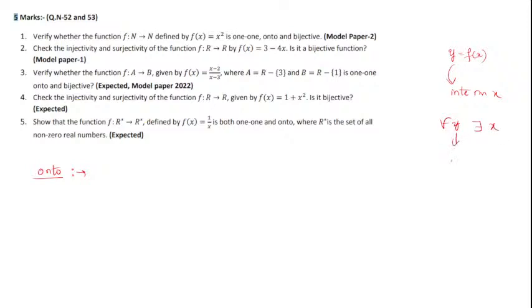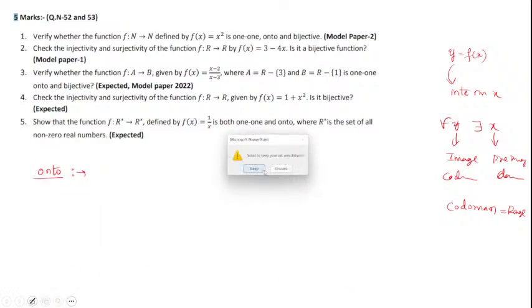For all y is nothing but your images in your codomain. There must be a pre-image. So x is nothing but your pre-image that is in your domain part. This will be in your codomain part. So that is okay. Otherwise there is one more condition. If you show that codomain is equal to range, then you can. Fine.